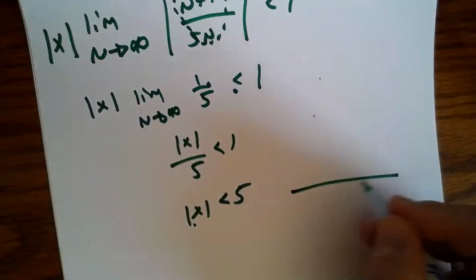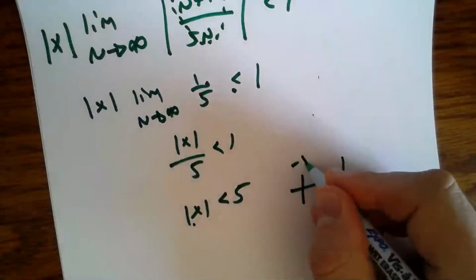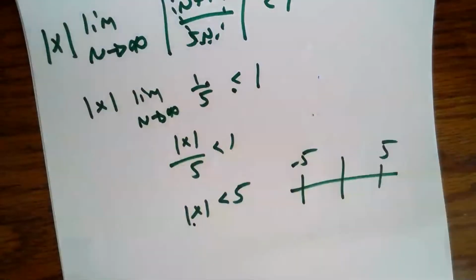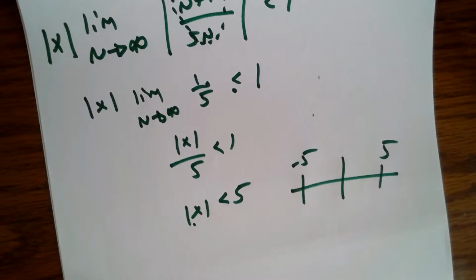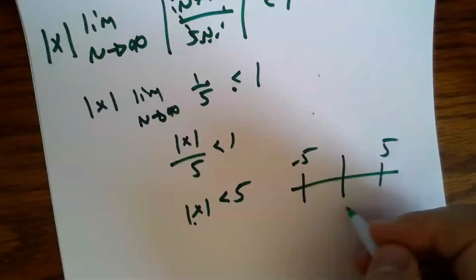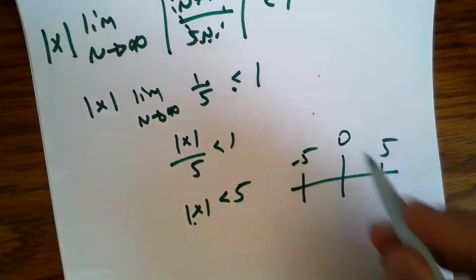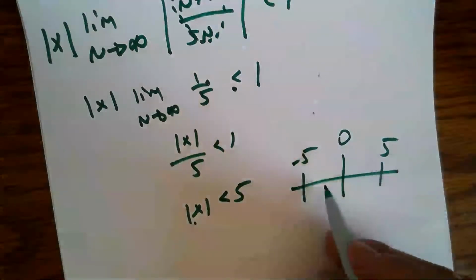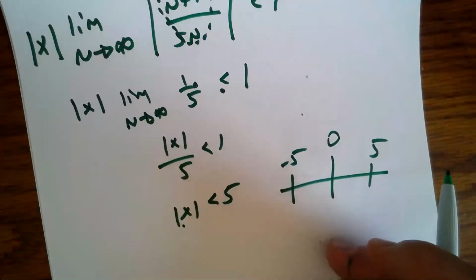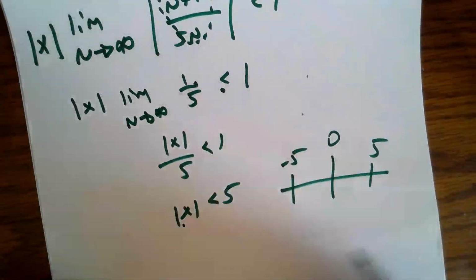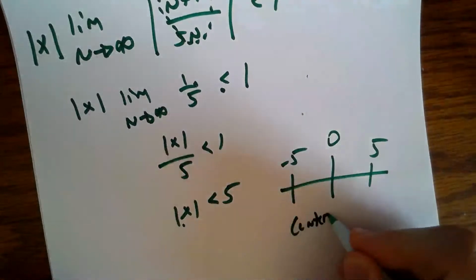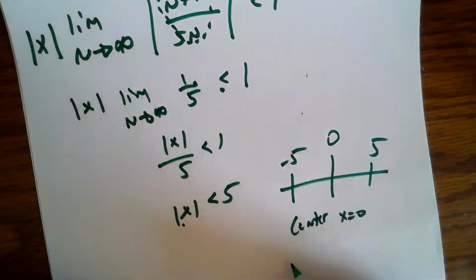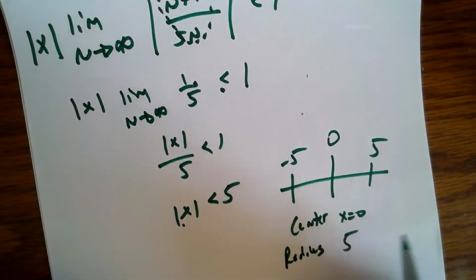Between -5 and 5. Well, what's in the middle of there? 0 is our center. How far can we go from 0 to get our radius of convergence? Right, we can go 5 to the left or 5 to the right. So our center is at x equals 0, and our radius is 5. Now we have to test the two endpoints.